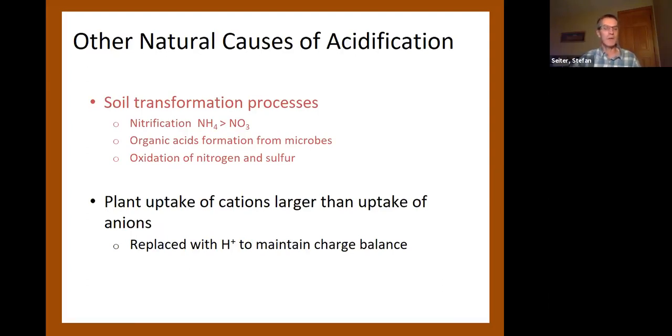As I said earlier, the number of free hydrogen ions in the soil is the pH. So if you pump more hydrogen into the soil, because cations get picked up by the plant, you again have a somewhat acidifying effect on the soil.